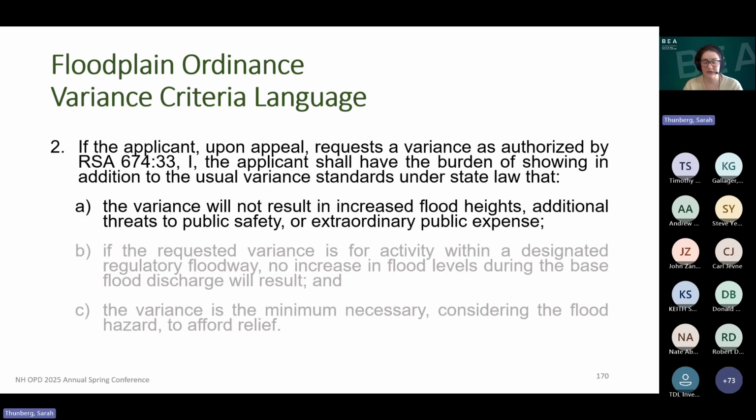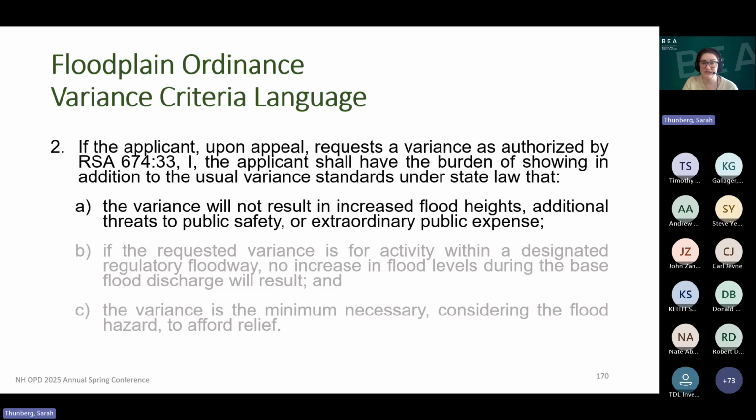Again, and we've said this many times today, the variances must not result in any additional threats to public safety or create nuisances. The local flood damage prevention ordinances and minimum NFIP requirements are intended to help protect the health, safety, and well-being and the property of local citizens.